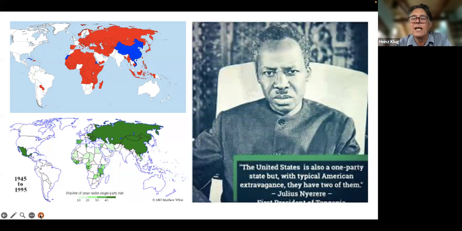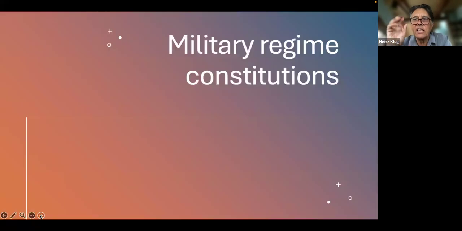Kaunda in Zambia literally has a press conference where he announces that they will be becoming a one-party state. And very quickly, the parliament adopts the rules of a one-party state, which prohibit other political parties or even expressions of opposition. So next. So this is the emergence then of these one-party states.